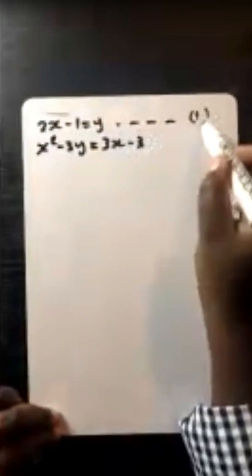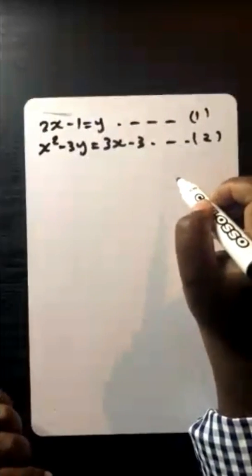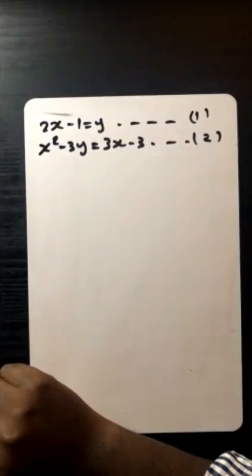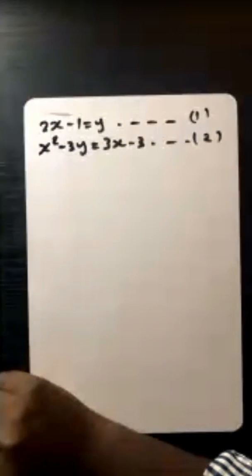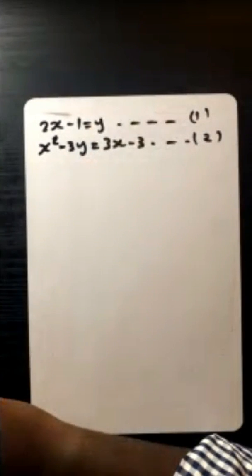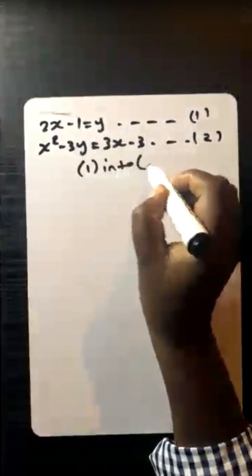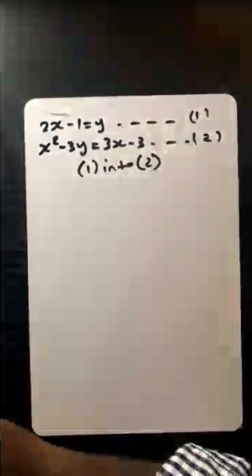So this is equation 1. This is equation number 2. So ladies and gentlemen, in this case, you don't need to stress about making either x or y the subject of the formula because already it's given as y is equal to something. All you need to do is to substitute equation 1 into equation number 2.